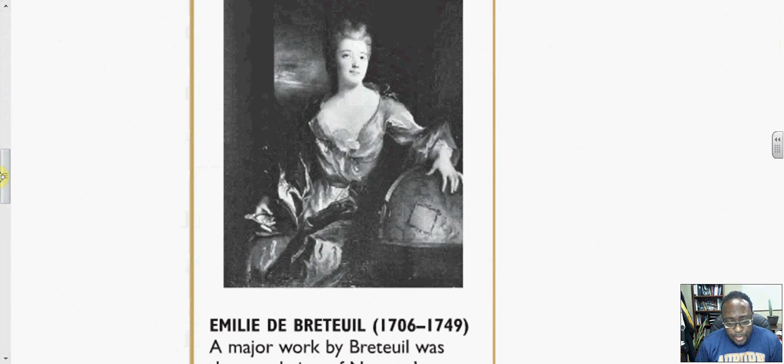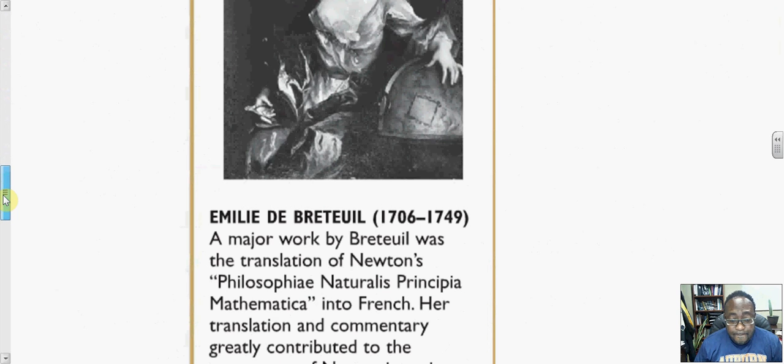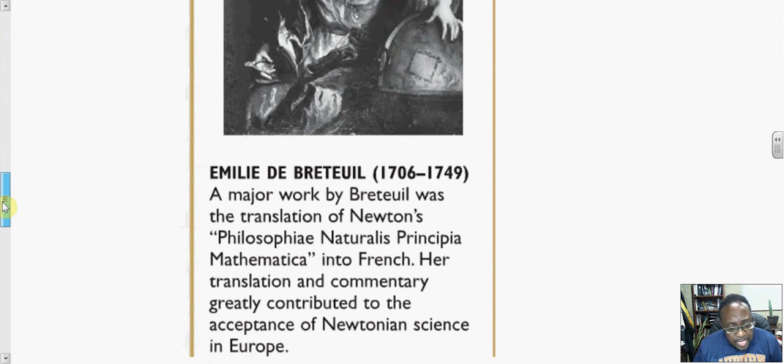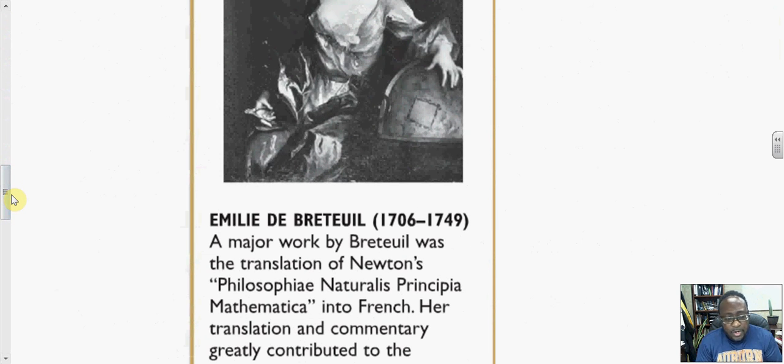A very pretty young lady, and she contributed much to the study of mathematics. There you can see the caption in the book that she translated a lot of Newton's work into French. And then she had some books of her own that she wrote, and she was instrumental, her, along with others, Newton, there, Descartes, Rene Descartes, the great French mathematician and philosopher and theologue.